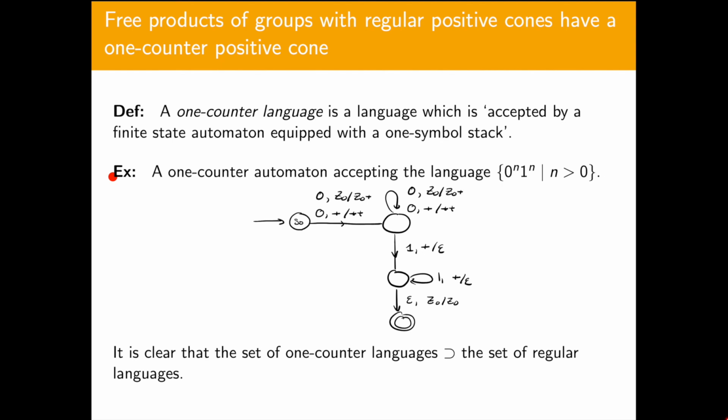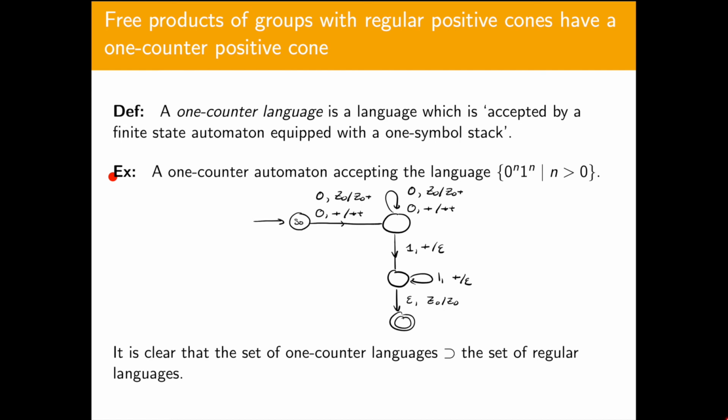And this language would not be accepted by a finite state automaton because one would have to remember the n exponent, which can be arbitrarily large, and that exceeds what a finite amount of memory can hold. So the automaton we illustrated below reads zeros, and for each 0 that it reads, it pushes a symbol onto the stack, and then for each 1 that it reads, it pops the symbol from the stack.